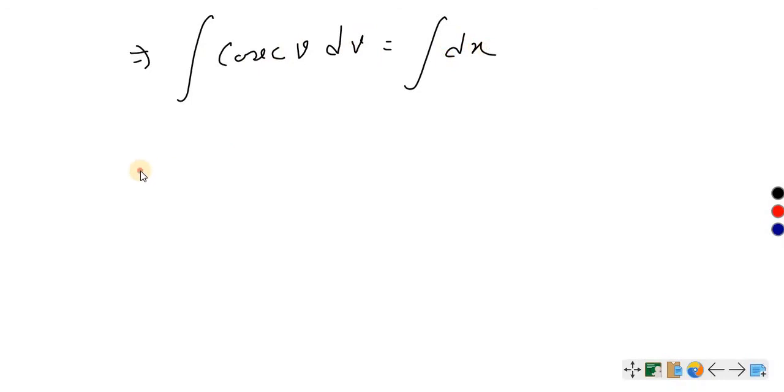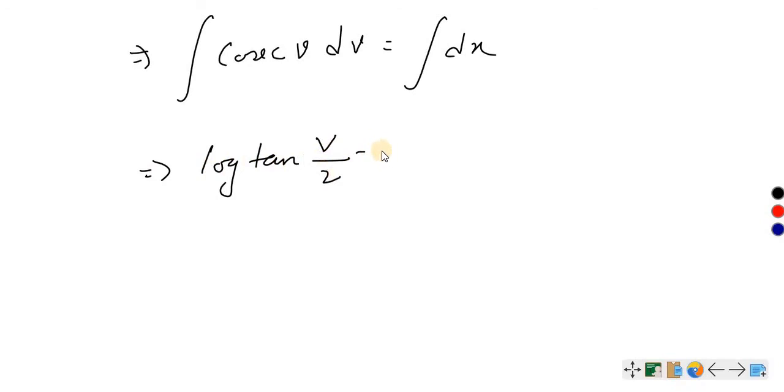So integration of 1 by sine v dv will be equal to what? We can write, in place of 1 by sine v we can write cosec v dv is equal to integration of dx. So we know that integration of cosec v will be what? It will be log tan v by 2.